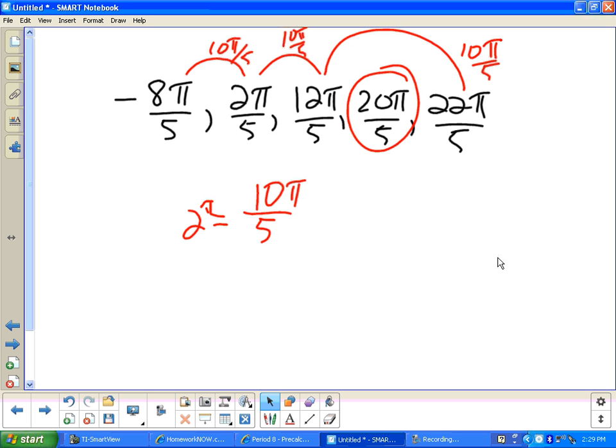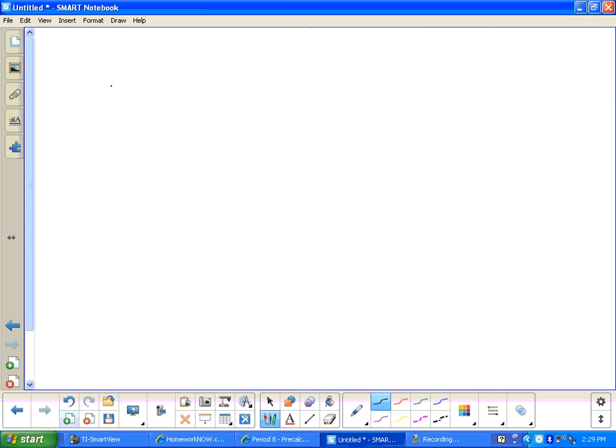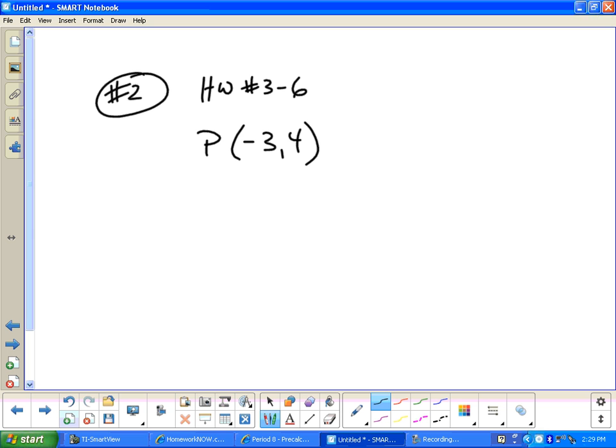Question number 2 deals with a problem like 3 through 6 on your homework. So number 2 on the quiz is like the homework numbers 3 through 6. I give you a point. Let's say I give you the point -3, 4.